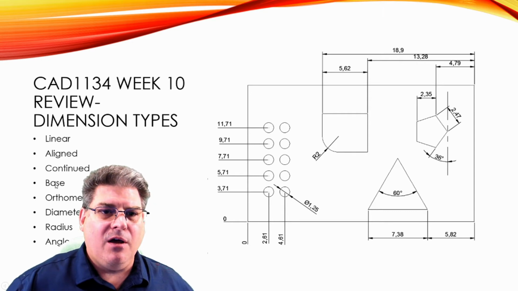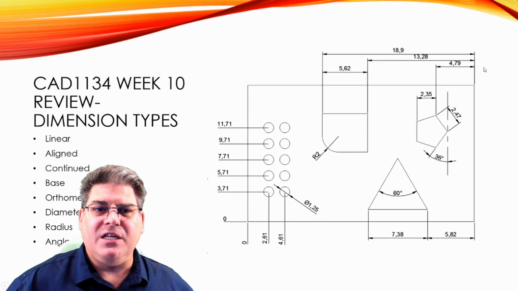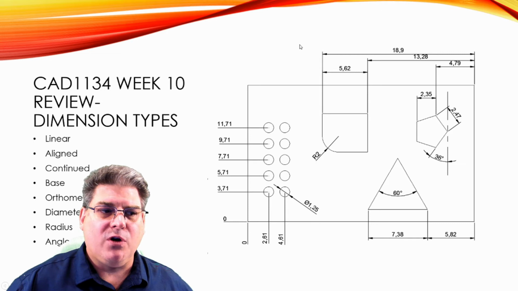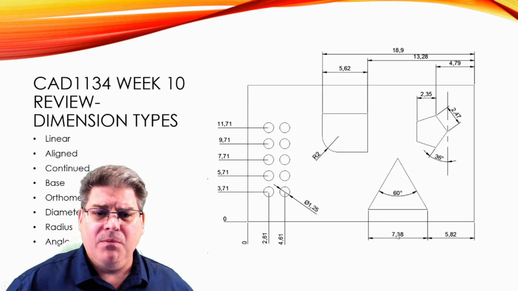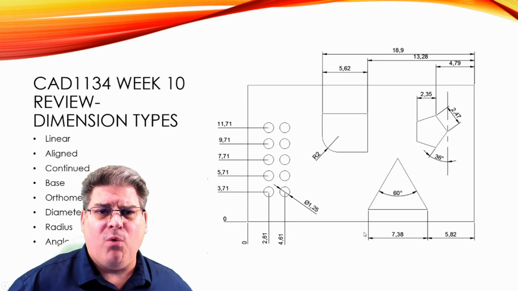The next here is a base dimension. So in this case, this is a base dimension. It's very similar to the orthometric, but you can see that each geometric feature is based on that 0 and moves across. Continued would be like this one, and this just really is a way to expedite your dimensioning.